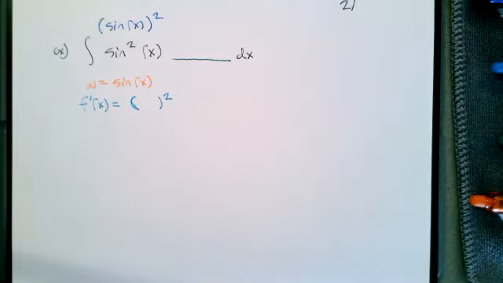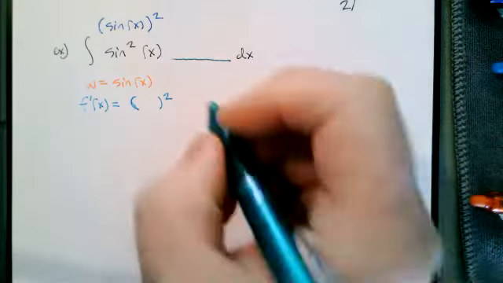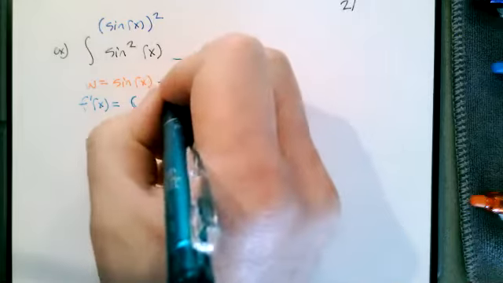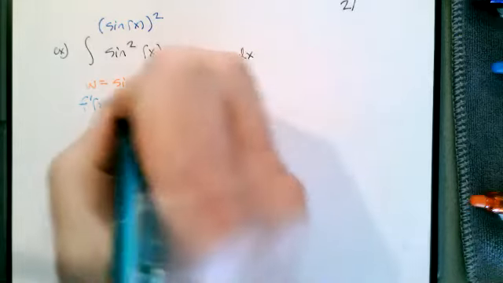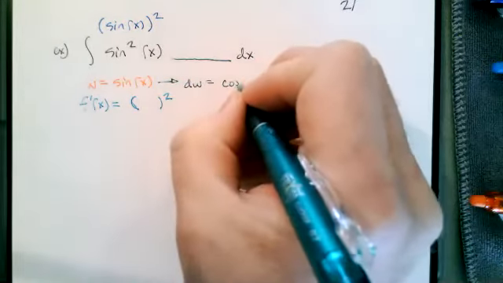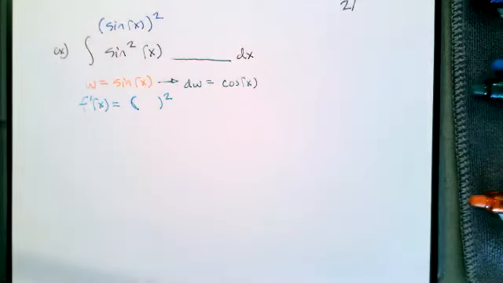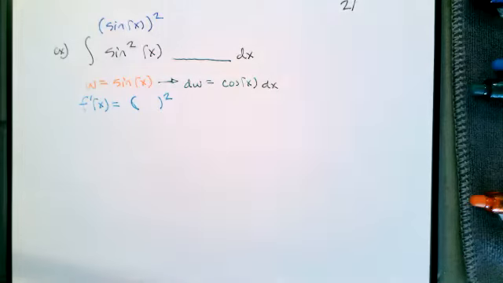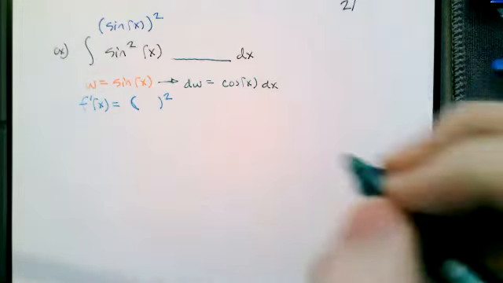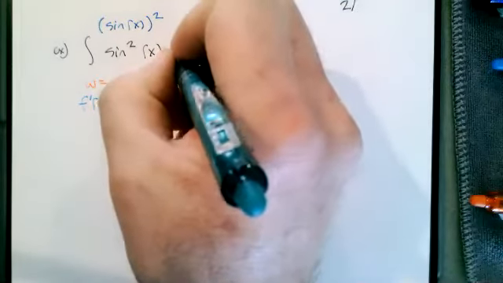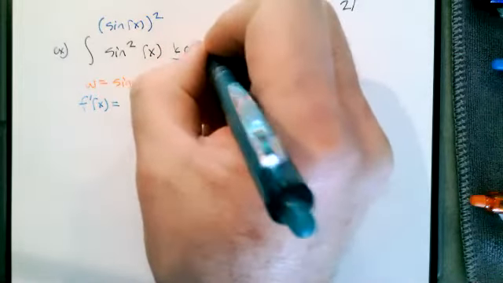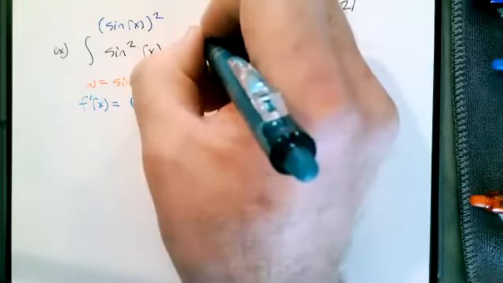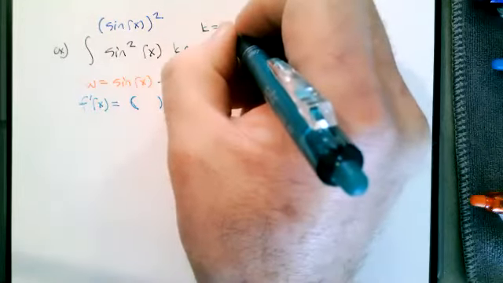So if w is equal to sine of x, then the dw that we need, the derivative of sine is cosine x, and then the dx just goes with that. We multiply both sides by the dx. And we need a multiple of this. So we need k times the cosine of x, and k is still any constant.